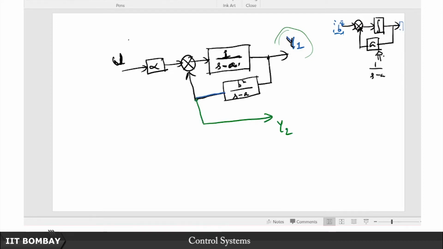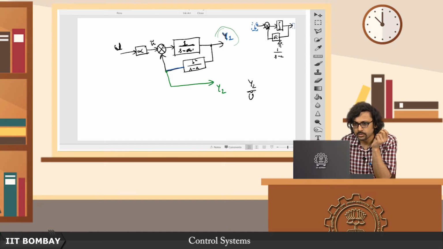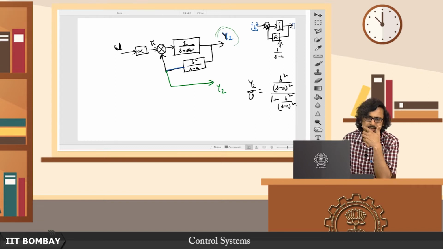So viewing from this u tilde here, if I look at this y2, what is the transfer function? y2 upon u tilde is going to be nothing but b squared by s minus a whole squared, upon 1 plus b squared upon s minus a whole squared.